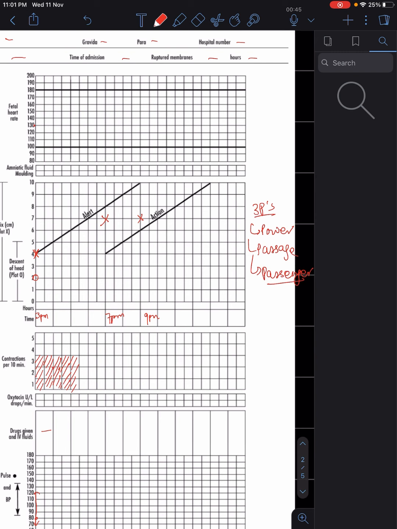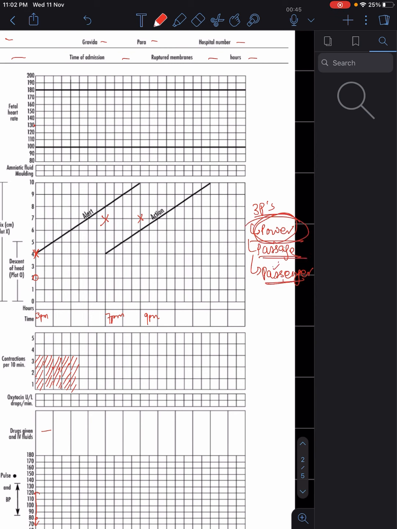I can control at what rate I am giving it, and the rupture of membrane. I can control that. Passage is where there is cephalopelvic disproportion or any anomaly of the passage through which the baby has to pass, and the passenger, that is if the baby has any macrosomia, any malformation which will hinder the baby's progress. I can only monitor or manipulate her power, right?